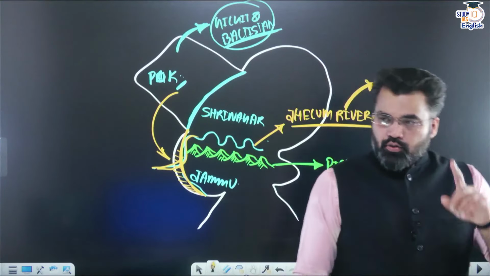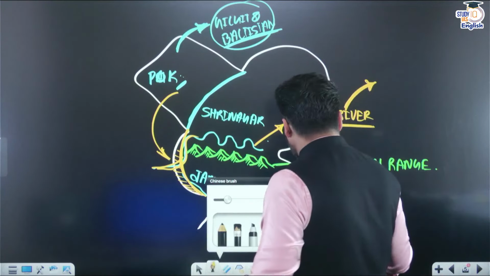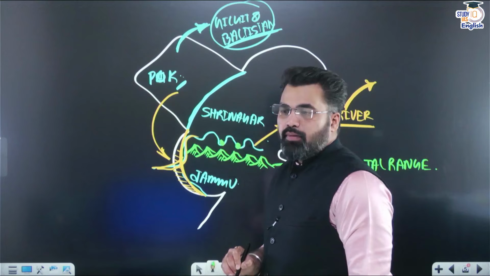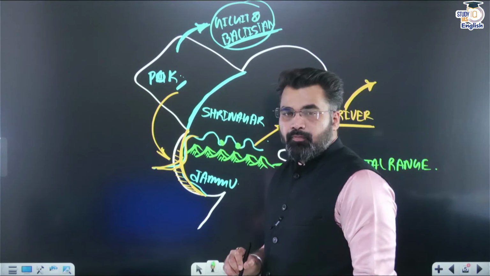You can find two major places. First by the name of Anantnag, another by the name of Baramulla. You will find Jhelum river is navigable in this part. I'll just mention those names, Anantnag and Baramulla.